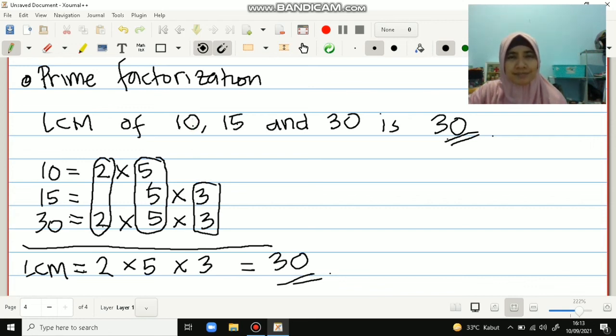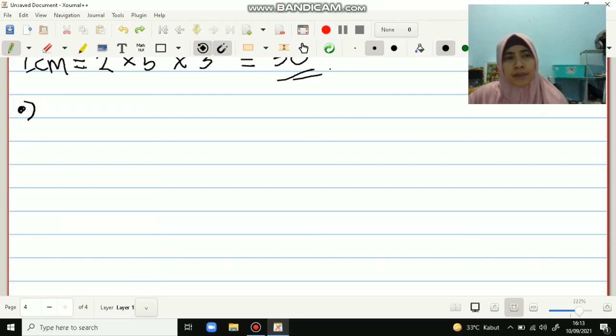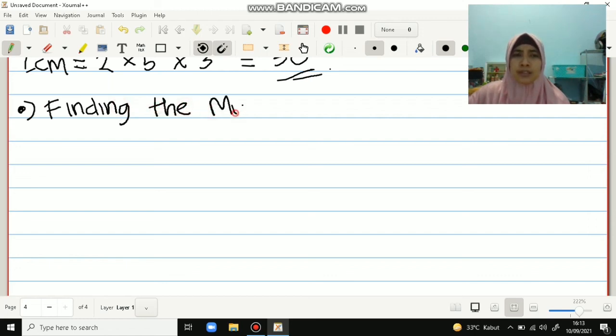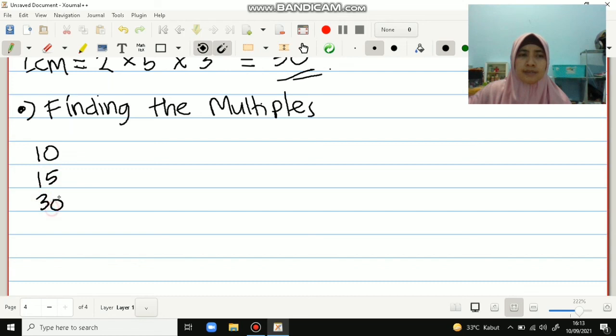Get it? The second step, you can use another way by finding the multiples. The multiples. Okay, let's try. We have 10, 15, and 30.